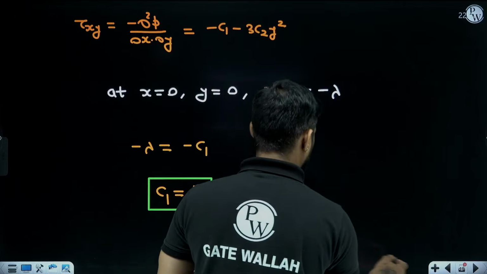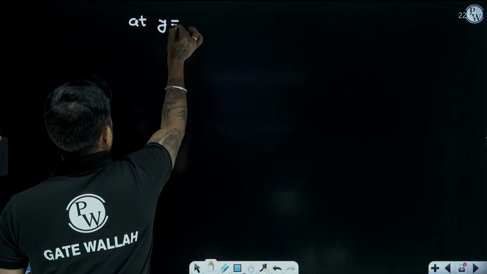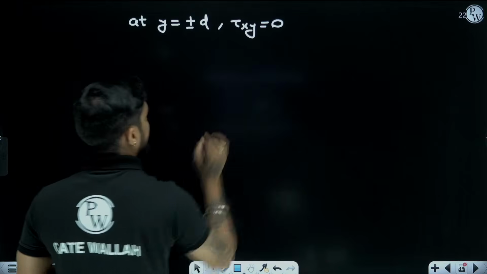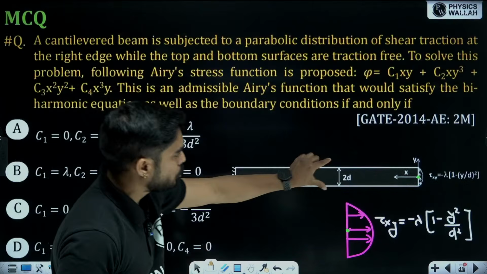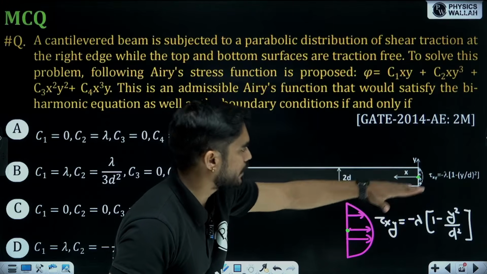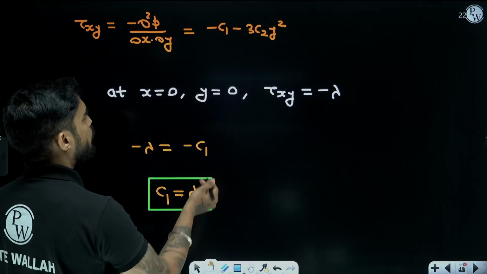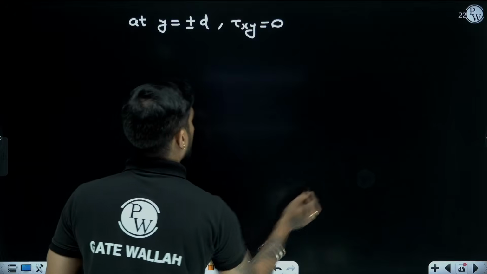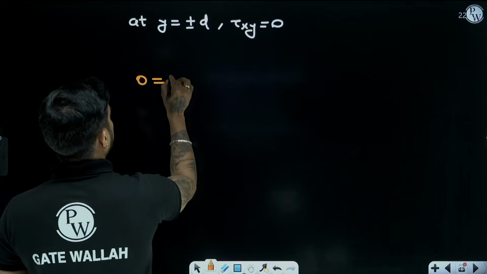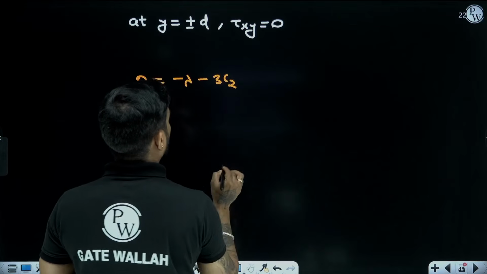So at y equal to plus minus d, tau xy is 0. See, this is 2d from the center. This is the origin, so plus d, minus d. At top and bottom both, tau xy is 0. So whatever value you want to put, y plus d or minus d, doesn't matter. So this will become 0 equal to minus lambda minus 3 C2 y square.